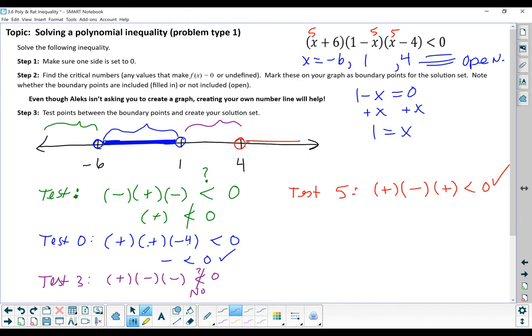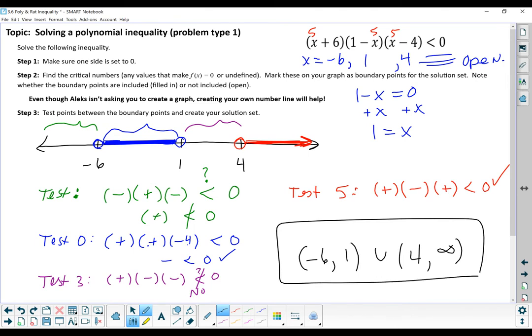On the boundary, that's an open circle. Now, I'm creating a graph to help me answer the question, but our answer is in interval notation. So we would respond with -6 to 1 and 4 to infinity. So we just tested each region in order to get our answer.